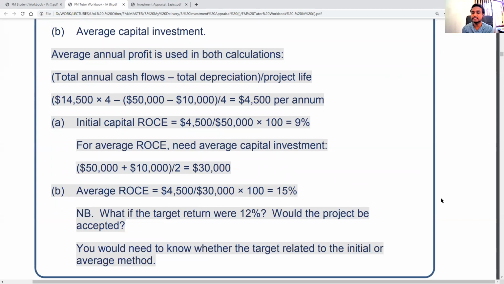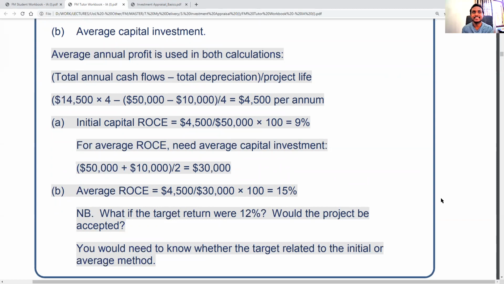Wait, did you say 30%, Krishna? Yeah. Did you forget to deduct depreciation? So this is such a simple question, you can't get it wrong. No, it's an important question. No question is simple.